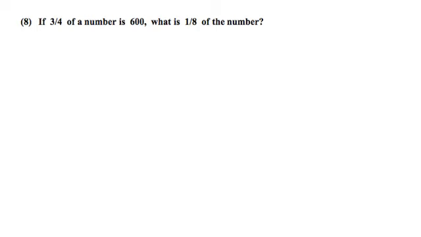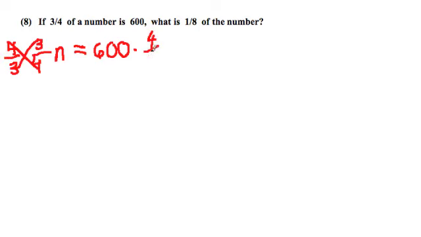You could pause the screen if you want to try this on your own. If 3/4 of a number is 600, what is 1/8 of the number? So again, algebraically, 3/4 of n is equal to 600. You could multiply by the inverse to get 1n, so we have to multiply this by 4/3. 3 goes into that 200 times. 4 times 200 is 800.